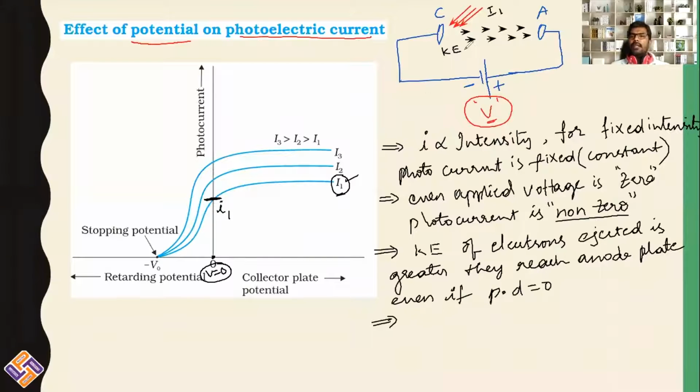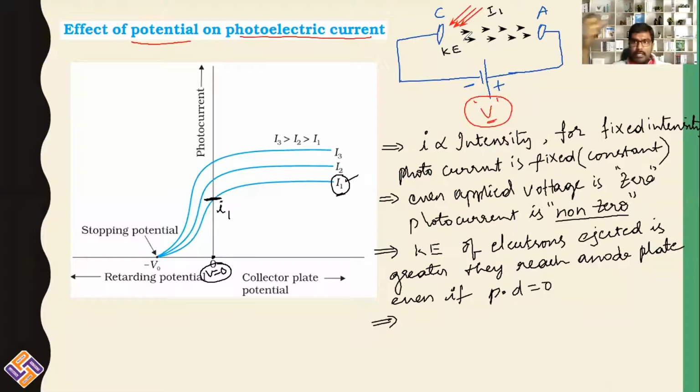But when the kinetic energy of the ejected electrons is very less, they cannot reach the anode because they do not have sufficient energy. They will come to rest in the middle between cathode and anode, because their kinetic energy is zero.